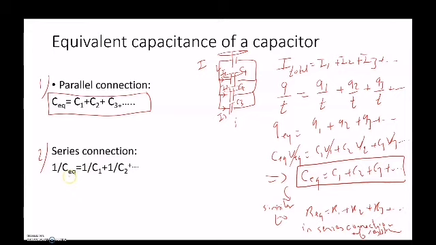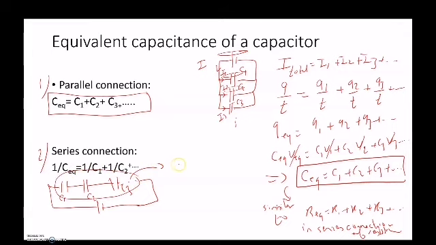I'm not going to derive it in this video, but if I have a set of capacitors connected in series, so this is a capacitor of capacitance C1 connected in series to a capacitor C2 connected in series to another capacitor C3, etc. If all these are connected to a DC generator of voltage V, this generator will assume that all these behave as an equivalent capacitance such that 1 over C equivalent equals 1 over C1 plus 1 over C2 plus 1 over C3 plus etc.